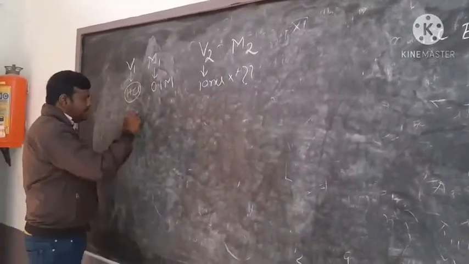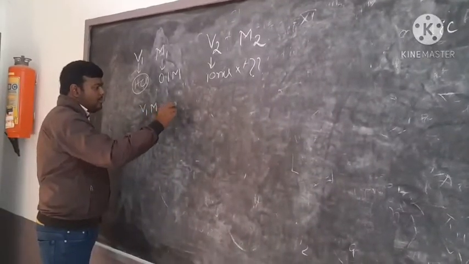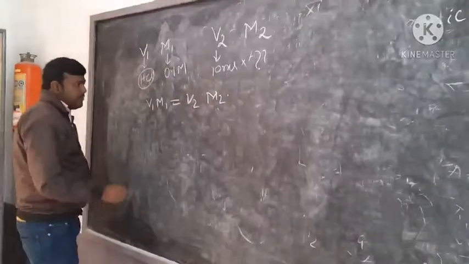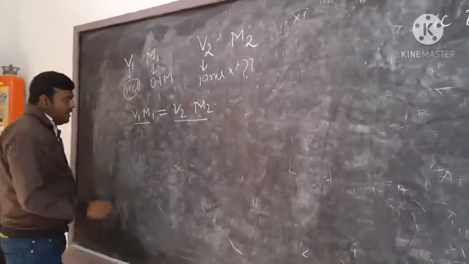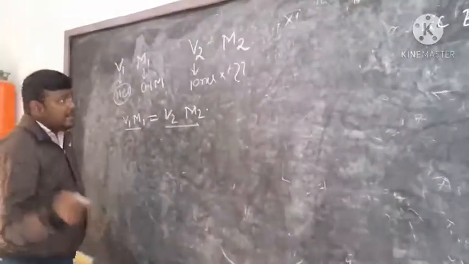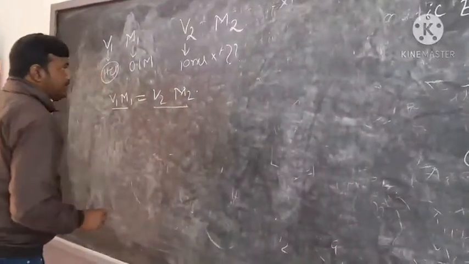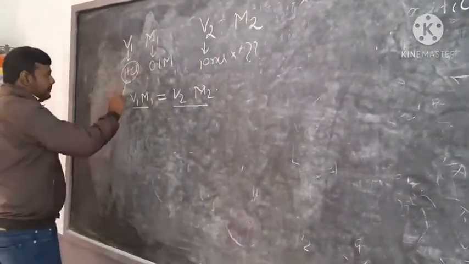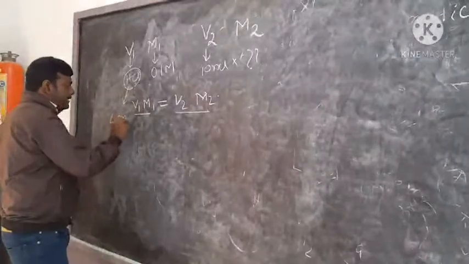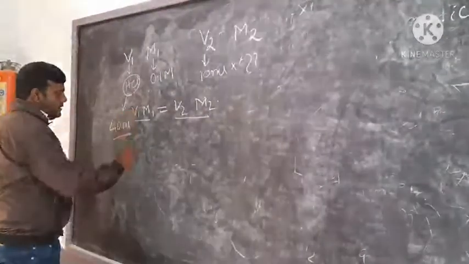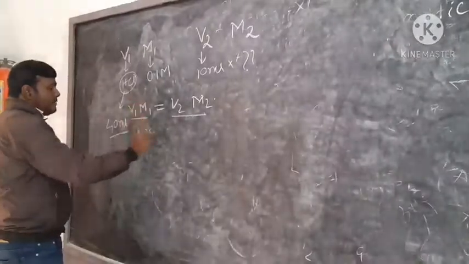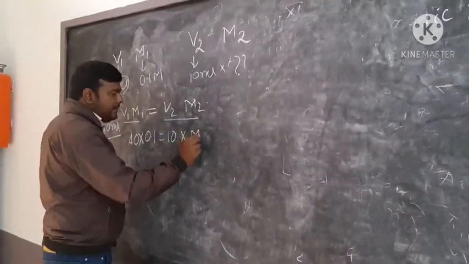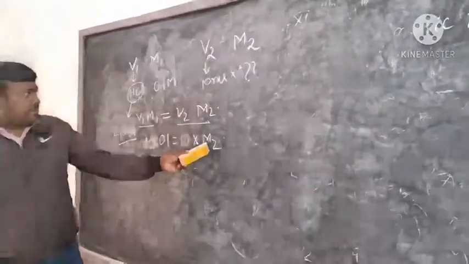The formula is V1 M1 equals V2 M2. From the burette reading we have got that the volume of HCl used is around 40 ml. So 40 into M1, which we have taken as 0.1 molar, equals the volume of NaOH, which is 10 ml, into M2, the strength you have to find out.